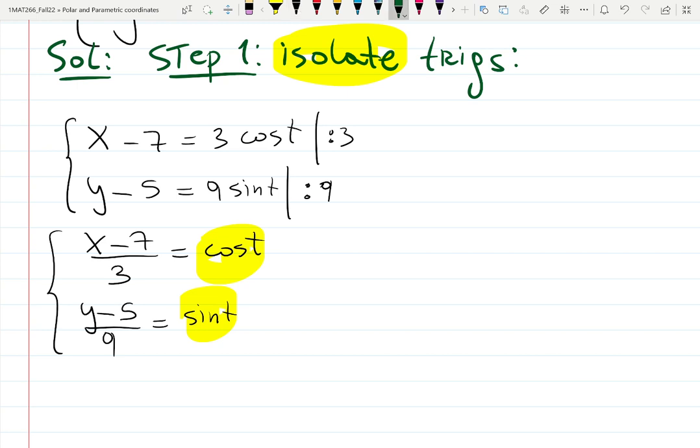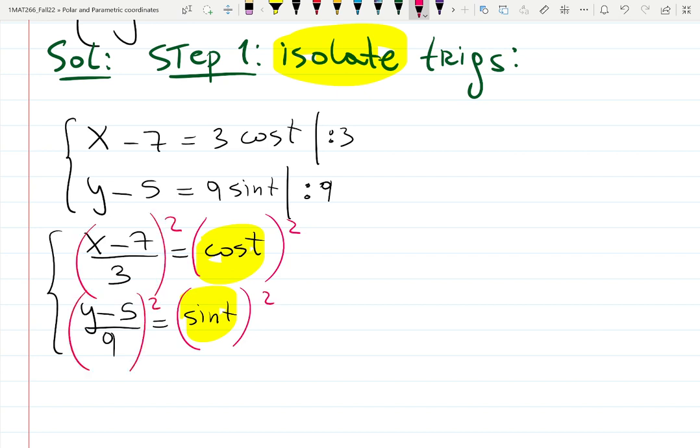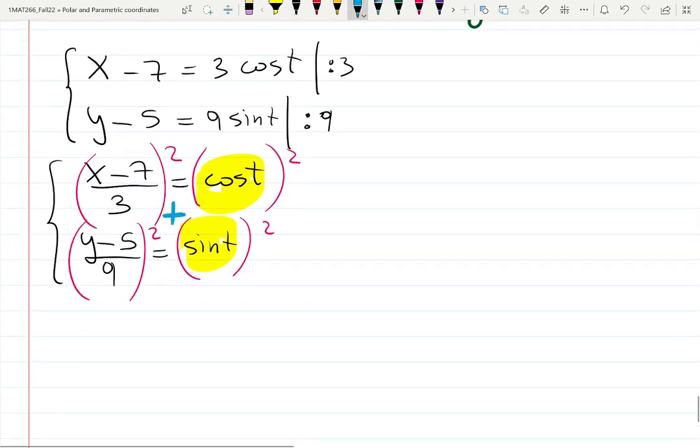So let's see. I'm going to square. Basically it's like this, but this is not the correct way to show it; you're supposed to put it on each side. But the idea is you square both sides, left-hand sides and right-hand sides, and add them together. You don't have to simplify.